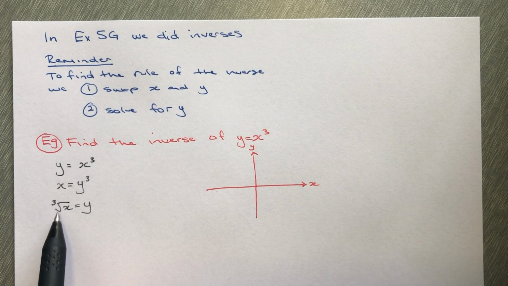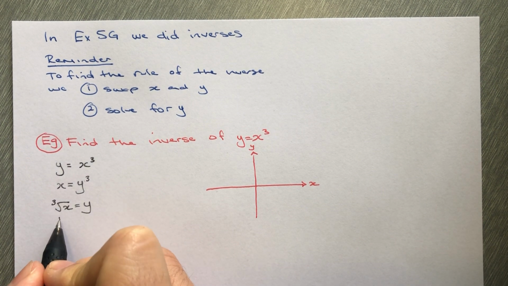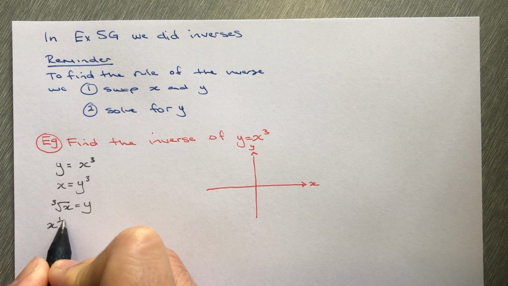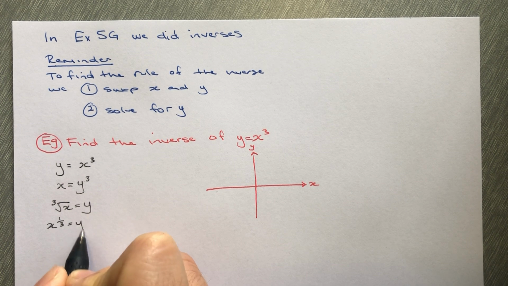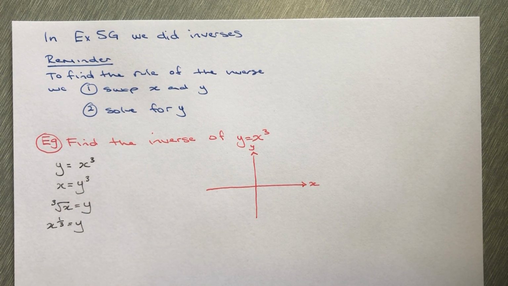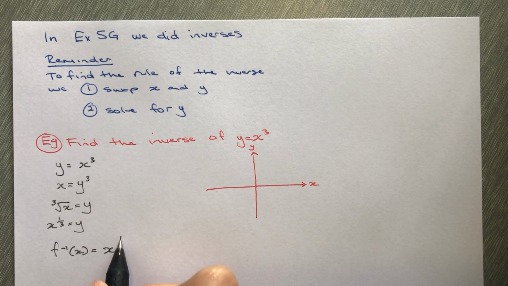Now, cube root of x can be written in another way, which is x to the power of 1/3 equals y. So that's our rule. But remember, we did try to find the inverse, and it's important to use the proper notation. So we would say f^-1, that means our inverse, equals x to the power of 1/3.